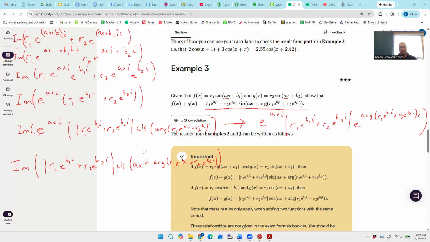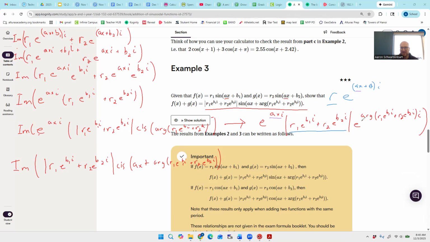Okay, where did the I go? Because we have AXI. So that's here, right? That's part of the CIS. So your general form is R e to the AX plus theta I. So there's your AX.